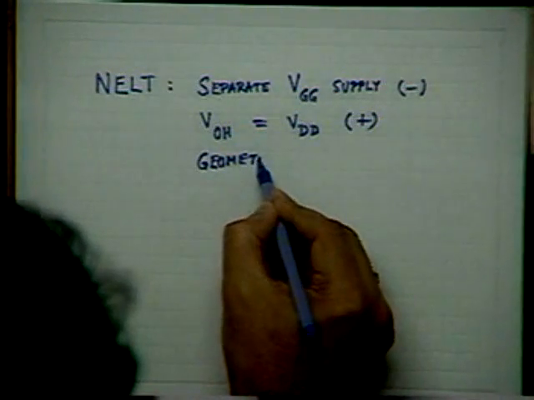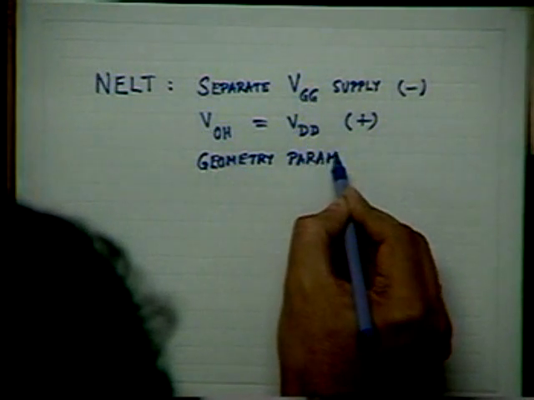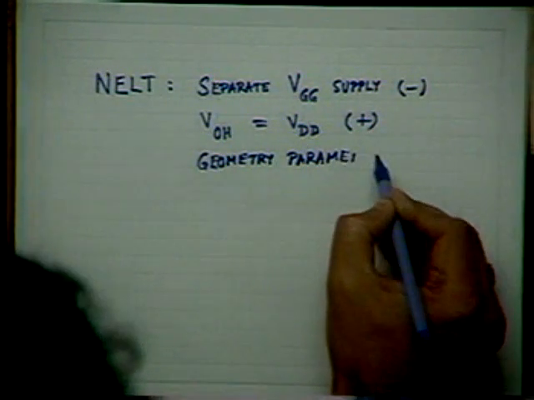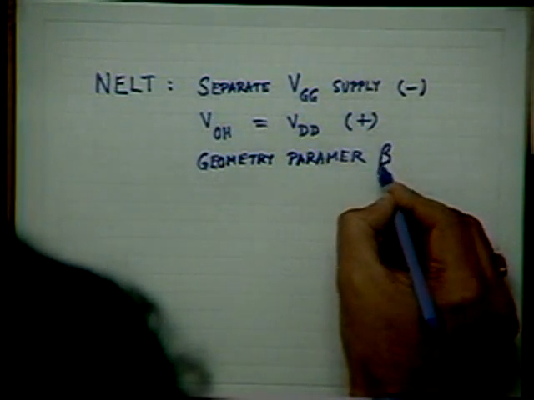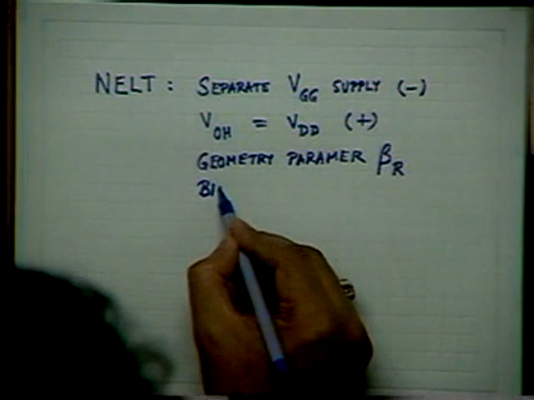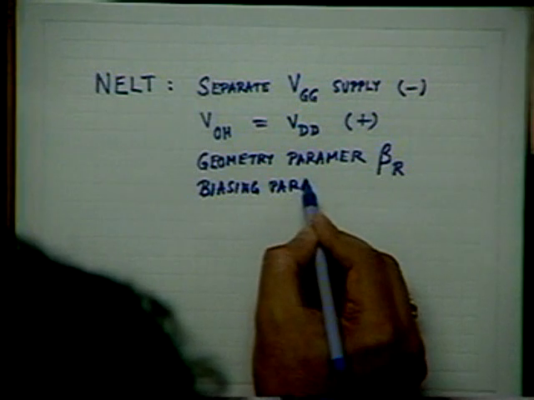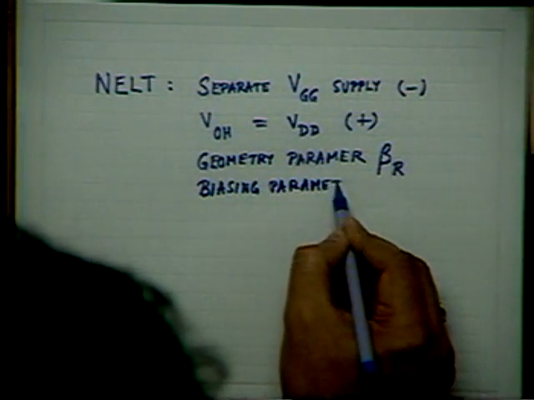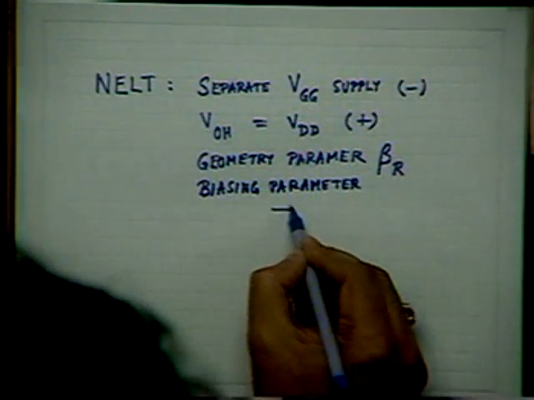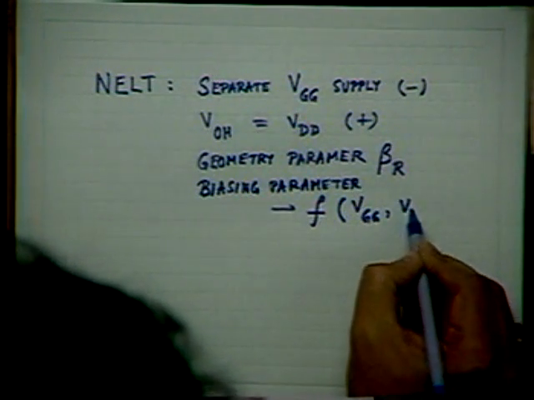One is geometry parameter, and the other is a biasing parameter, a function of VGG and VDD.